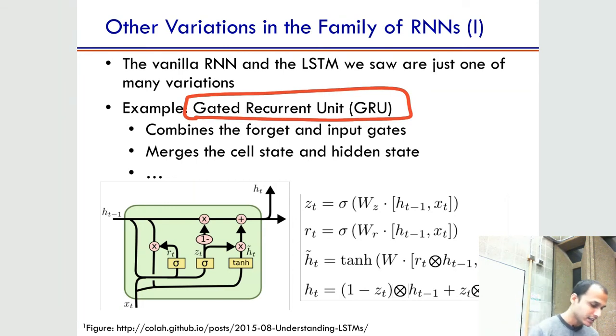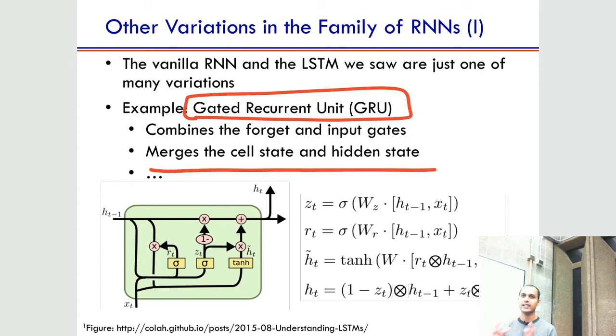It merges the cell state and the hidden state and combines the forget and the remember part. There were 3 parts previously in LSTM, including forgetting and adding information, so it basically combines those 2 aspects in the network.